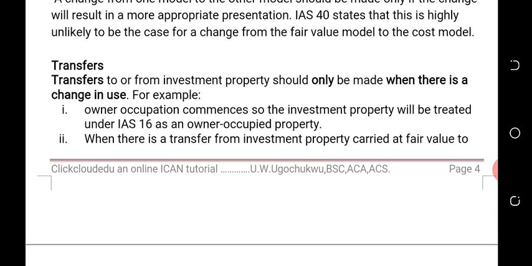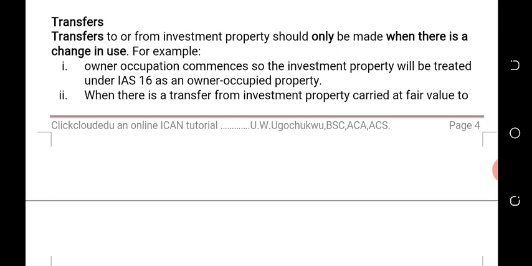For example, one, the owner occupation commences. So the investment property will be treated under IAS 16 as an owner occupied property.